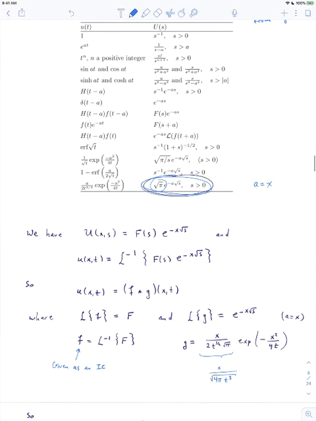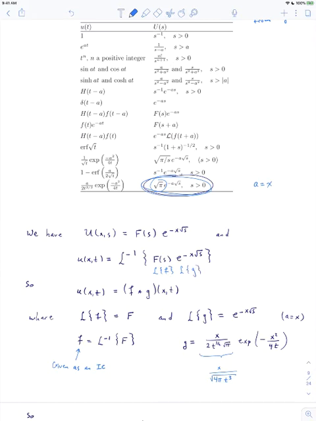So we just rewrite everything that we already have. Little u at x, t is equal to the inverse Laplace transform of this product. So this is the Laplace transform of f times the Laplace transform of g.